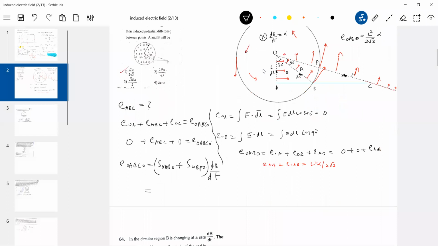Let's write it. The area of the triangle we already know, no? L square by 2 root 3. What is the area of the sector? Half r square theta. So r square, angle pi by 6, into this is alpha.